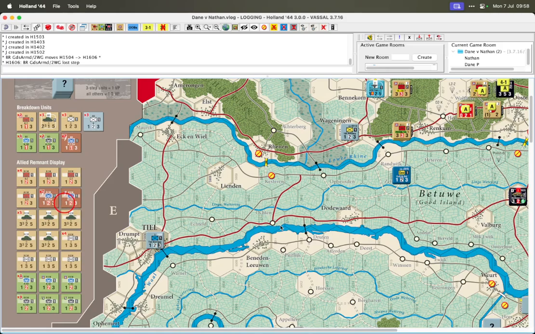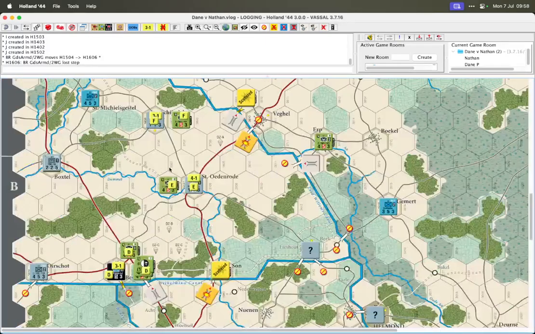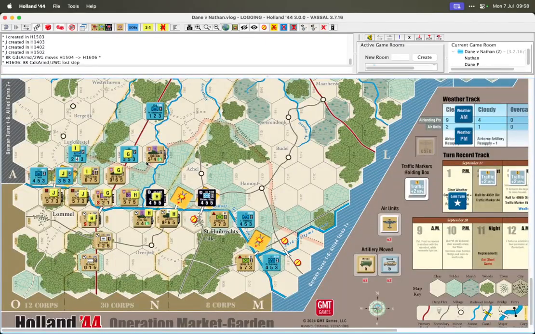I'm used to the breakdown units being on the upper left part of the map, literally there on the map. And now I don't see them, and I don't know where the hell I find them. See if I do it by the unit, because that would be helpful. Okay. Now, why does it say I can't do that?